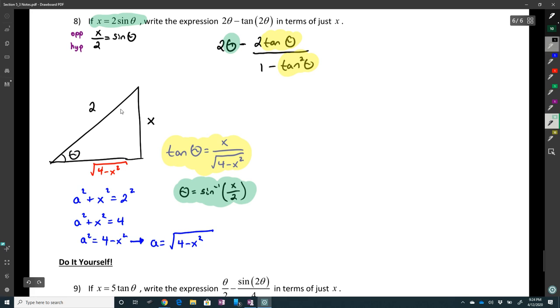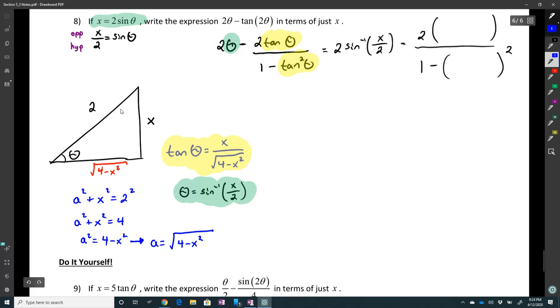So now I just got to rewrite everything. Instead of 2 theta, I have 2 inverse sine x over 2 minus 2, and then I go ahead and write this ugly thing over 1 minus, squared.